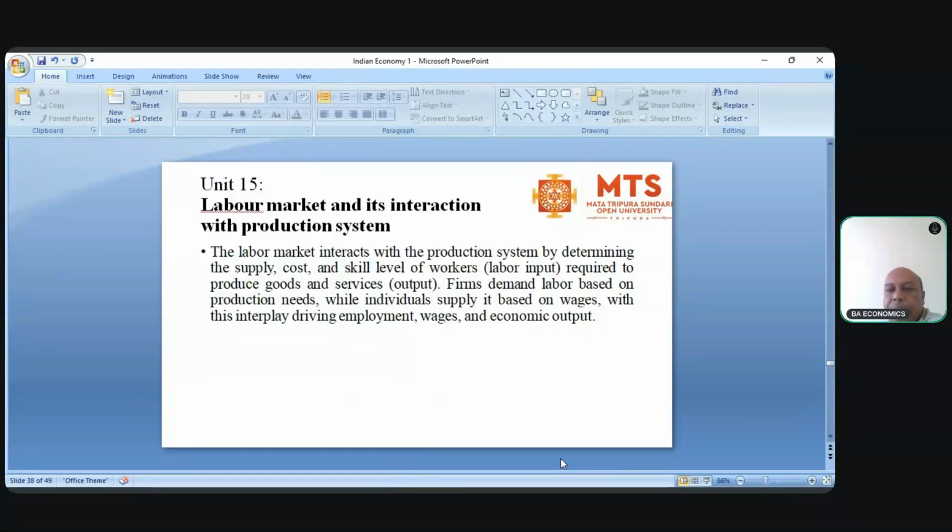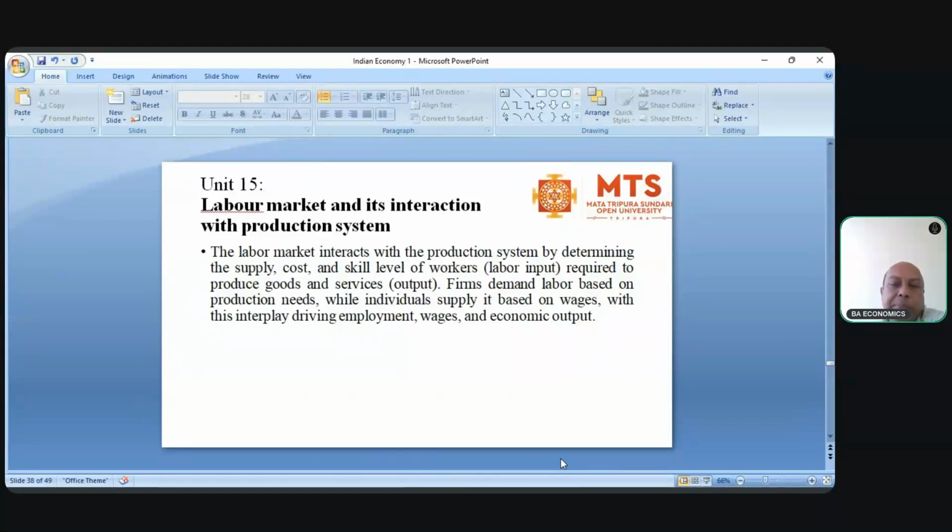At the same time, the supply of labor is influenced by the wage rate existing in the labor market. So when wage increases, it has been found that labor supply also increases, and if wage decreases, then labor supply will decline.